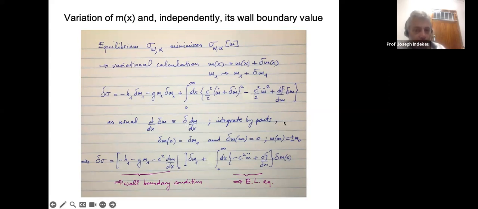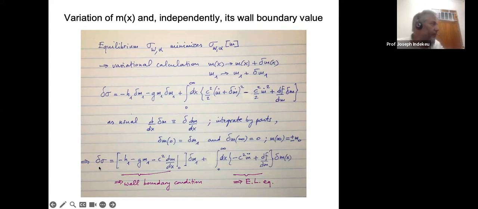You integrate by parts, and you keep track of the fact that the delta m at the wall is just delta m1. Okay, and that delta m in bulk is 0 because the bulk value is fixed to either plus or minus m0. Okay. And then the result is that the variation of the functional has these two contributions. So one is proportional to delta m1, and the other is proportional to the variation of delta m, which is a function and therefore occurs inside the integral.